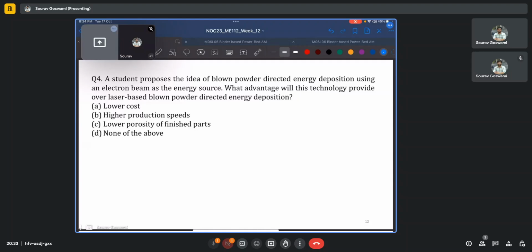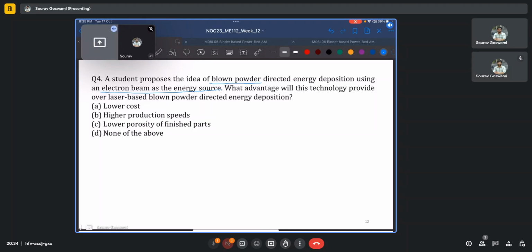However, a quick examination of all the options, or in fact of the question itself, tells us that the idea is of blown powder directed energy deposition using the electron beam as the energy source. We have discussed how it's very important to maintain vacuum in an electron beam based additive manufacturing setup because of the requirement of vacuum in the build chamber as well as the requirement of vacuum in the gun chamber also.